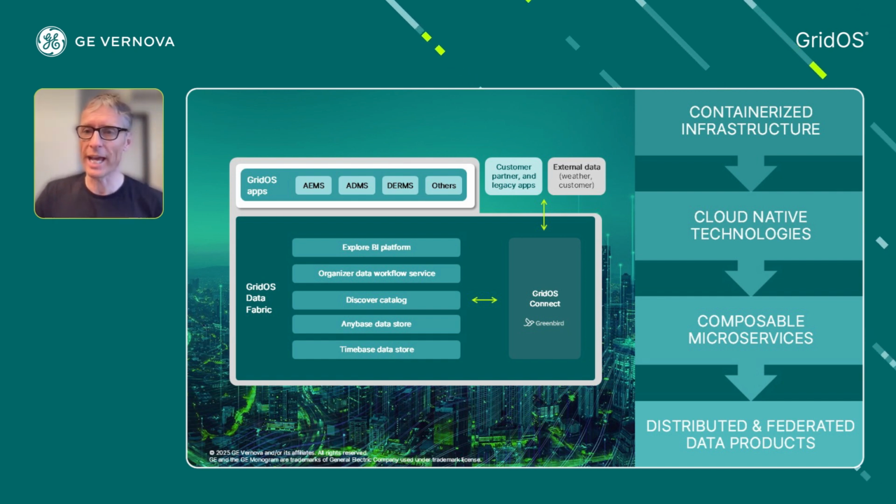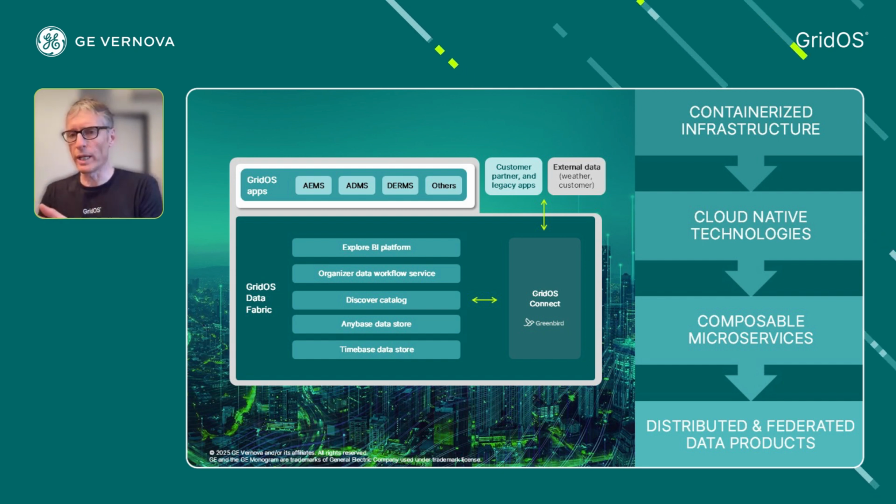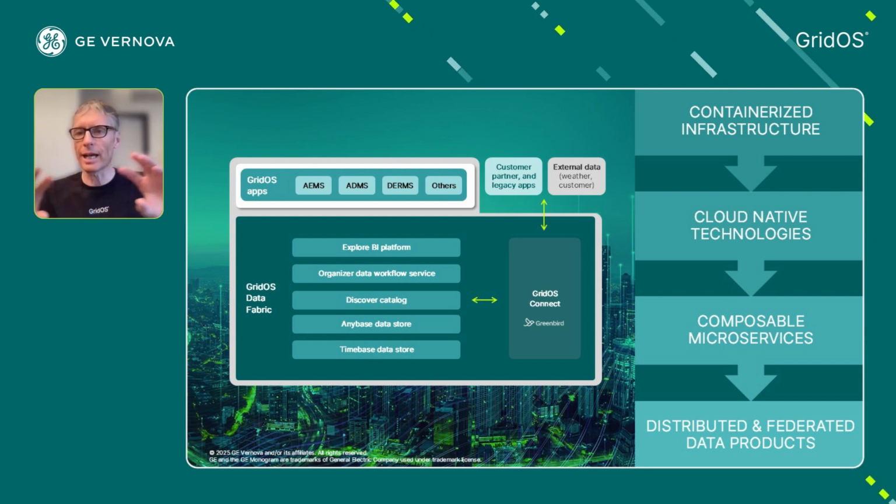Because GridOS Connect and the Data Fabric have from the start been designed as containerized applications, cloud-native technologies, because what we want to enable is the possibility to operate and deploy it on-premise, in IT, in a private cloud, in a public cloud, but even more important, in a hybrid integration scenario.